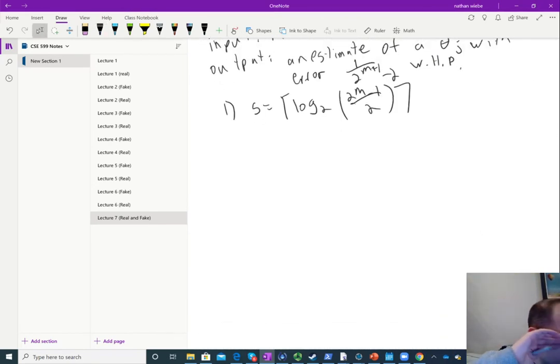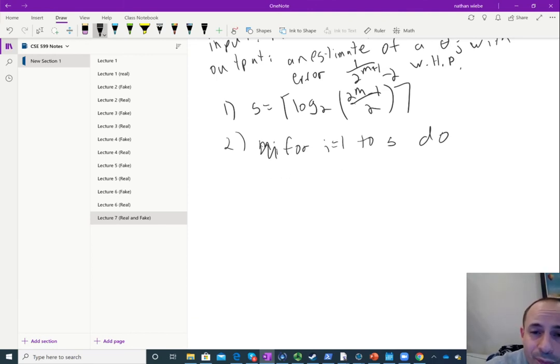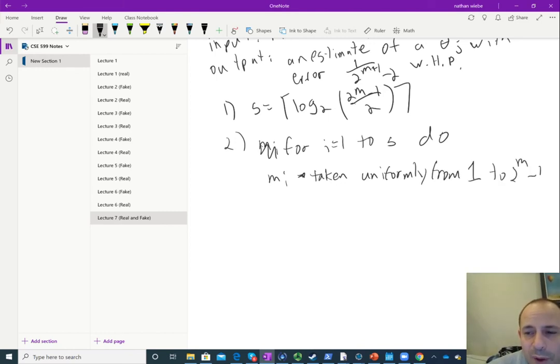Then 2, we choose the m sub i, for i equals 1 to s do: let m sub i be taken uniformly from 1 to 2 to the m minus 1.